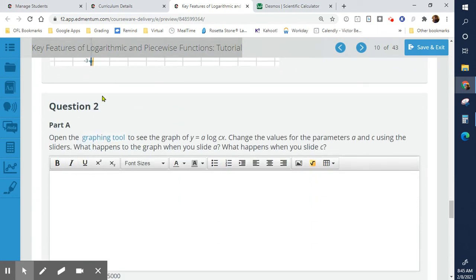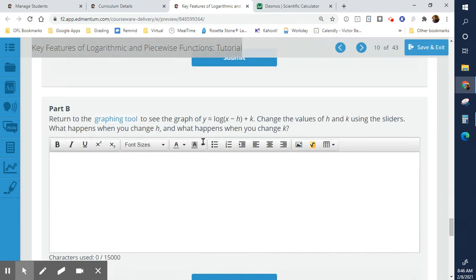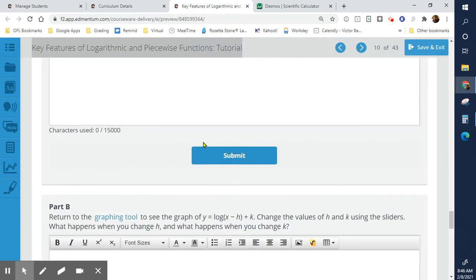All right. So let's look at this graphing tool, and we're going to slide this stuff around. We're going to slide the A around, slide the C around, slide the X around. What happens when you do this? I feel this is weird because I feel like they might have meant to do a log here.